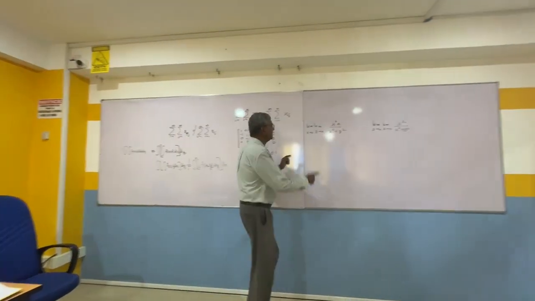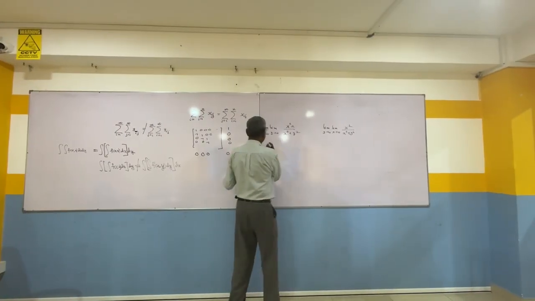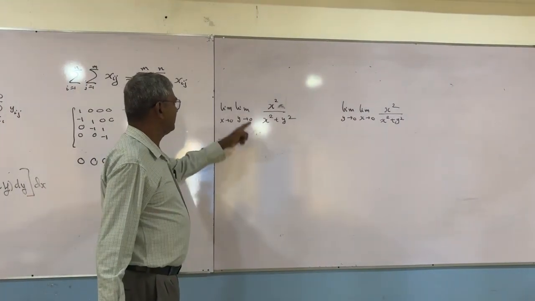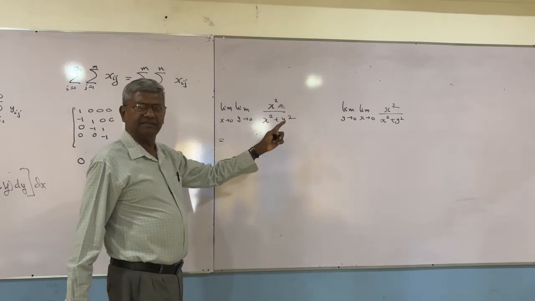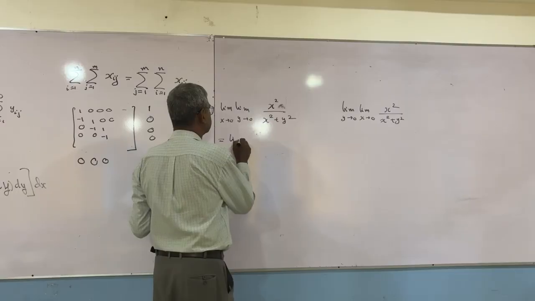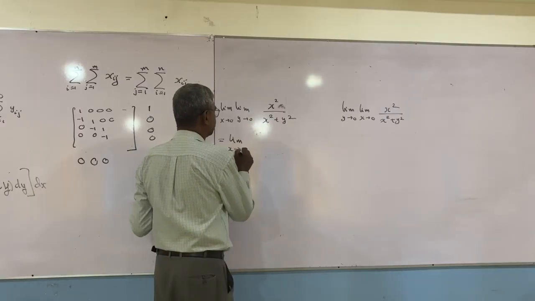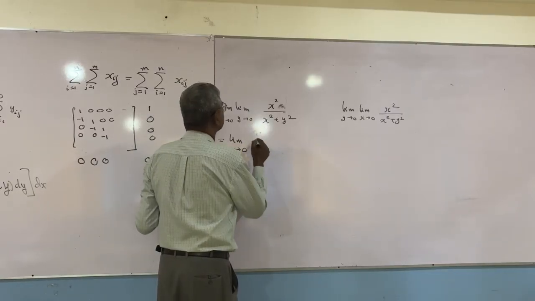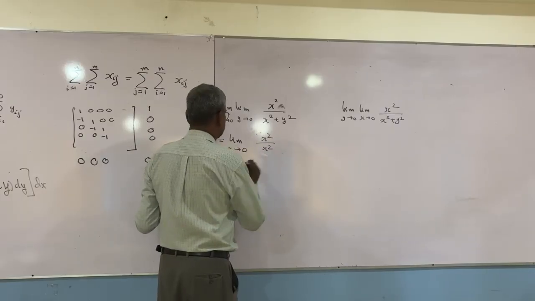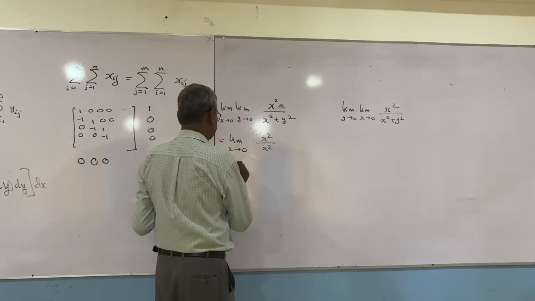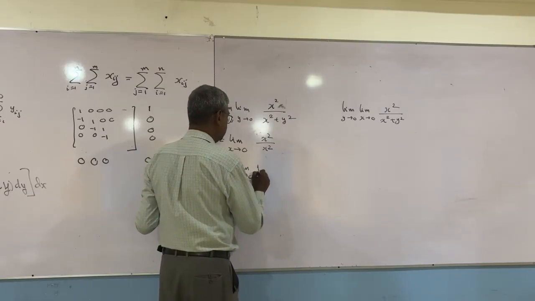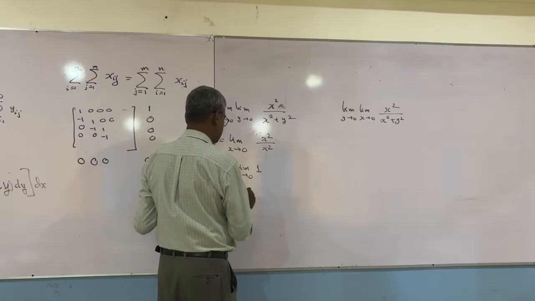Now let us see, what is the limit of this thing when y tends to 0? 1. So you get limit x tends to 0. Actually, when y tends to 0, you get x squared over x squared, and limit x tends to 0 is 1.